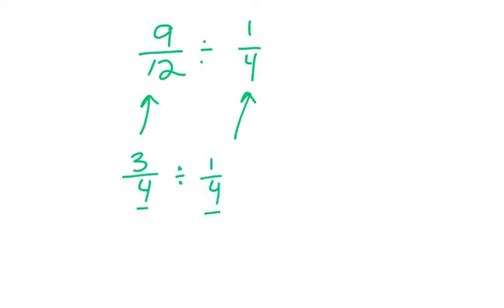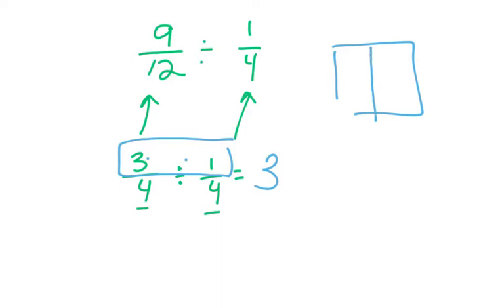Now I have fourths and fourths. Great. I'm just going to focus on my numerators. 3 divided by 1 is 3 wholes. If we draw ourselves a picture of 3/4 and we say how many 1/4 size pieces are there? 1, 2, 3. That's one way to get our final answer.